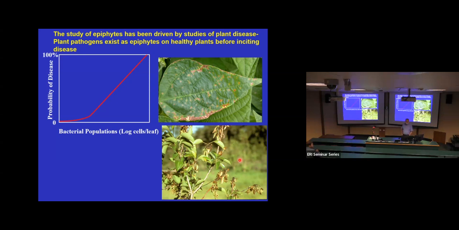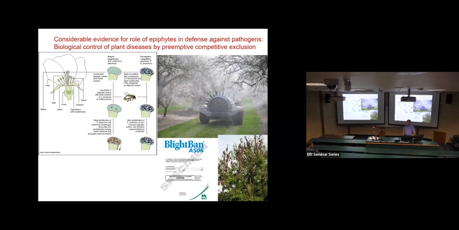Most of them are not pathogens, but they have a variety of other traits that we're going to talk about. So most of the work on foliar microbiology came from the study of bacterial plant pathogens, and it was possible to predict disease based on the population sizes of these bacteria as basically reservoirs of potential pathogens living on the surface of plants. As bacterial numbers increased, the probability of disease would also increase.